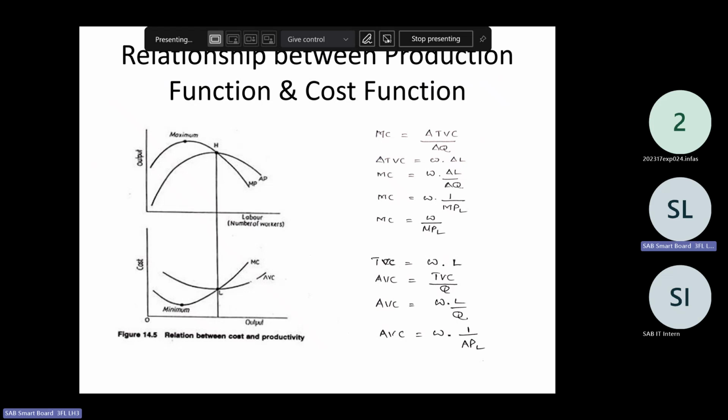Now delta L over delta Q is the reciprocal of the marginal productivity of labor.